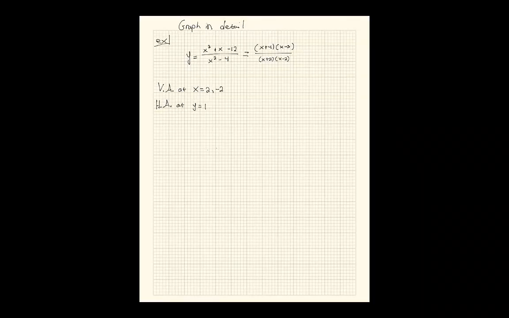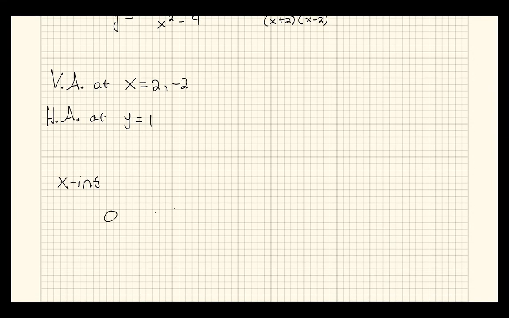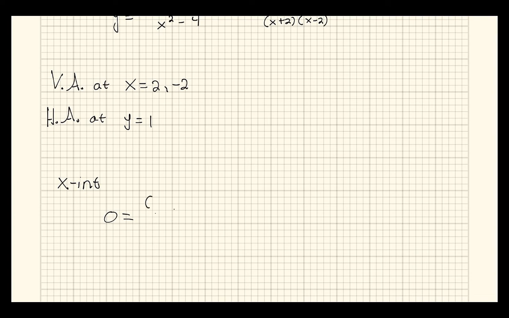Let's find the x and y intercepts. Remember, the x-intercept is when I solve 0 equals x plus 4 times x minus 3 over x plus 2, x minus 2. I mentioned in the last lesson you pretty much can just multiply by x plus 2 and by x minus 2, and since you're multiplying 0, you cancel the denominator.